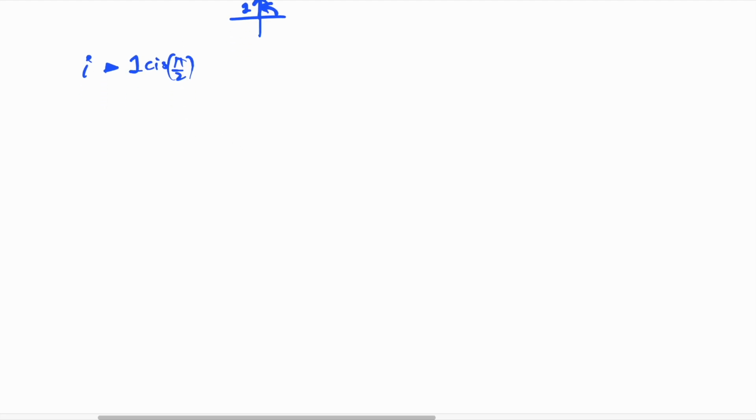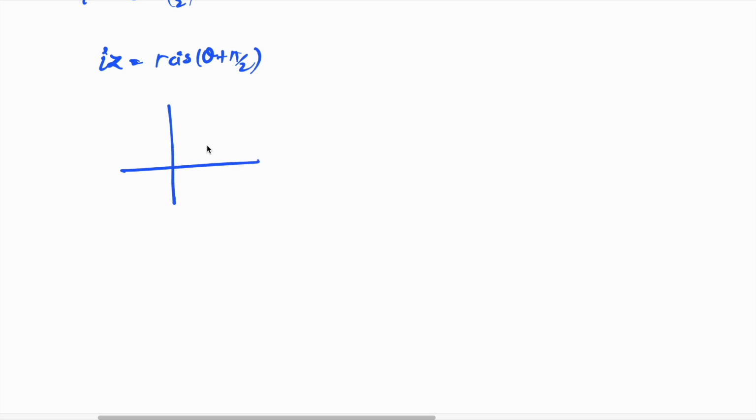So if I'm multiplying any complex number with i, for example, i into z, the same z, the earlier z, which is r cis theta. So in this case, since i is cis pi by 2, my resultant complex number will be r cis theta plus pi by 2. That means multiplying any complex number with i rotates the complex number pi by 2 radians anti-clockwise.